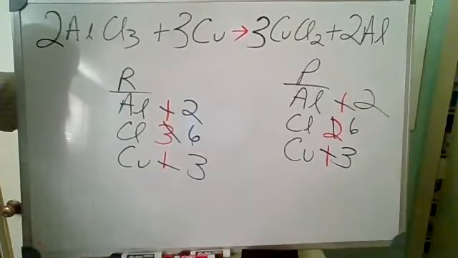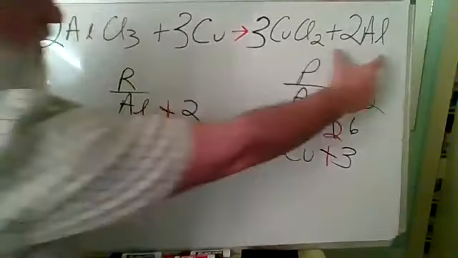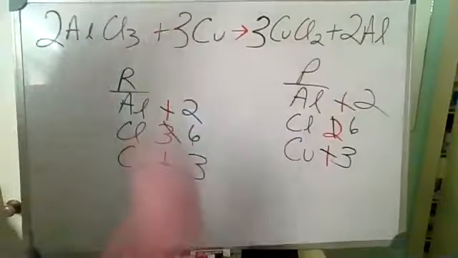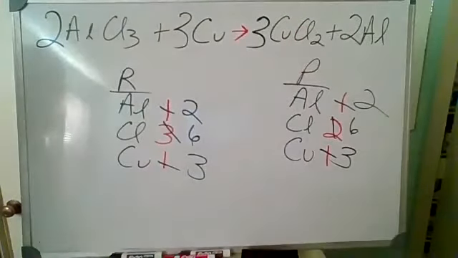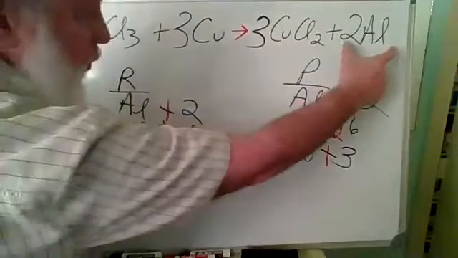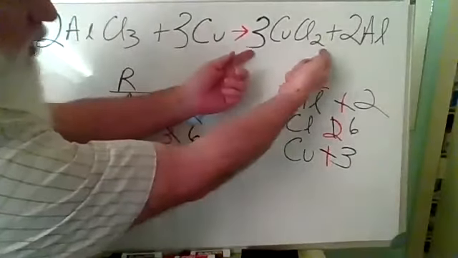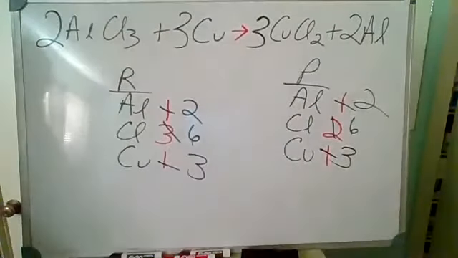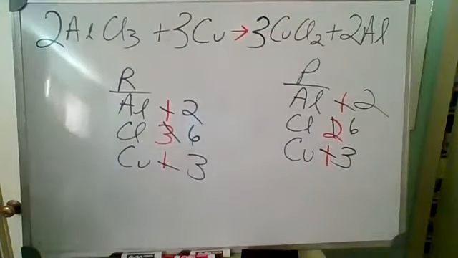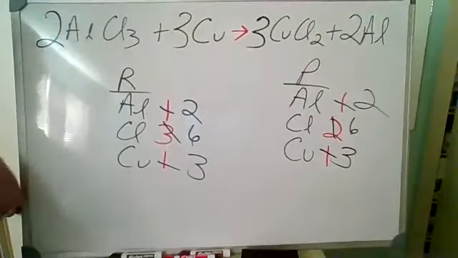Yes. There's pure copper. It's copper by itself. There's aluminum by itself. I have 2 different pure elements. I only see 1 element there. This is a compound. There's 2 elements there. That's a compound. So this is an oxidation reduction.